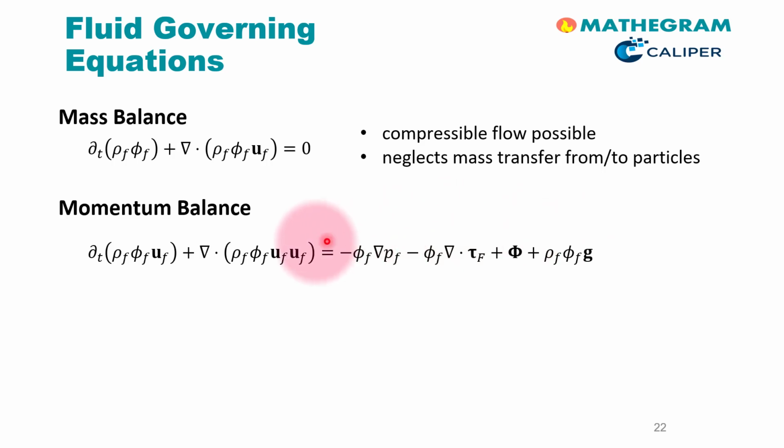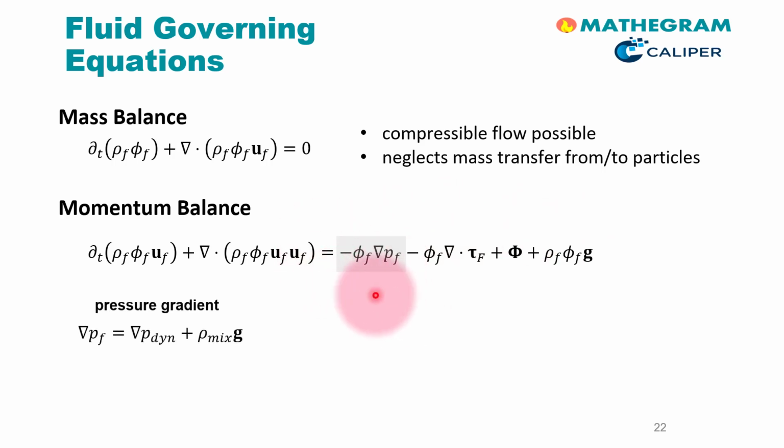The first one is the contribution of the pressure gradient here in the gray box. Often the pressure gradient is decomposed into a dynamic fluid pressure gradient P dyn, and the product of a mixture density and gravity. This essentially removes a hydrostatic pressure gradient, which is sometimes convenient.